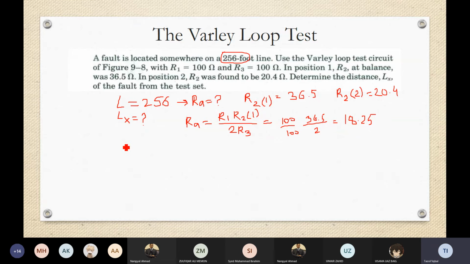In the second case, now we need to find out the value of Rx, because resistance is equivalent to the distance, the length of the cable.